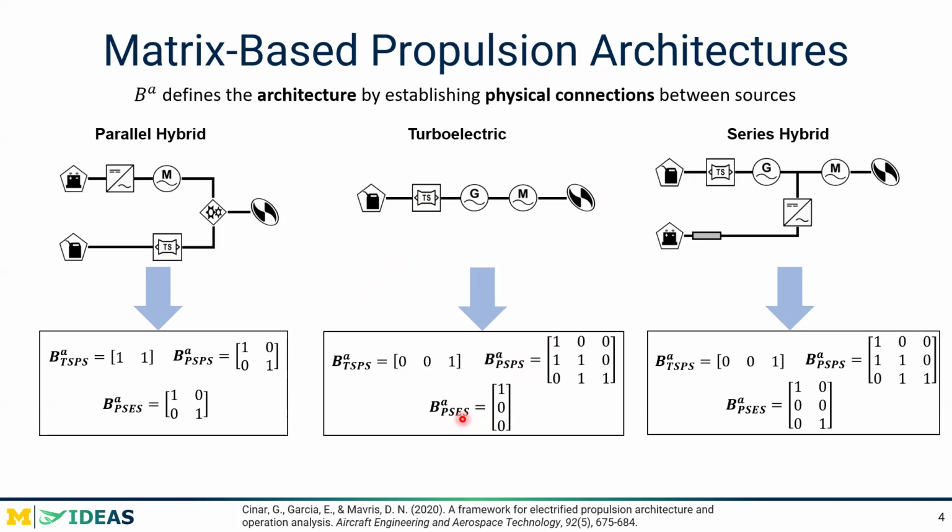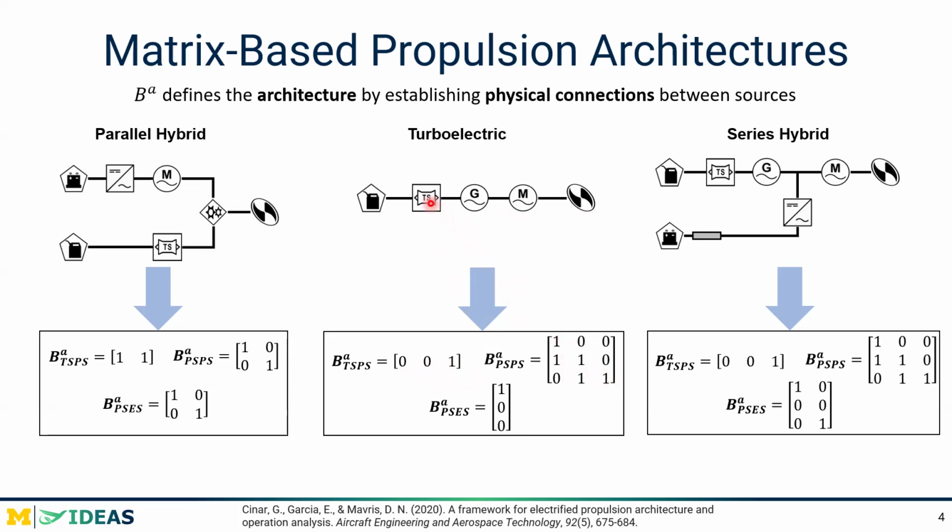So we're going to have 3 rows by 1 column in the PS-ES matrix. And again, we only have the electric motor driving the fan or propeller. So we have 0, 0, 1 because the turboshaft and generator are not connected to the fan, but the electric motor is. For the PS-PS matrix, all power sources drive themselves, which is why we have the 1s on the diagonal.